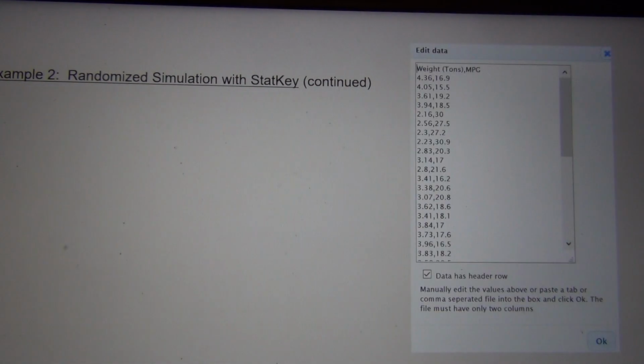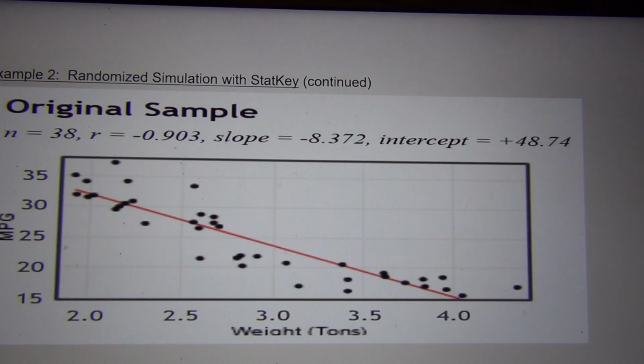Here's sort of what it would look like when I go to edit data and paste in the data. You push OK, and you get a nice little printout from StatKey: a nice little scatter plot, the sample size, the R value, the slope, and the y-intercept.